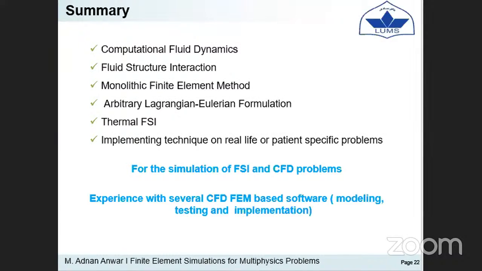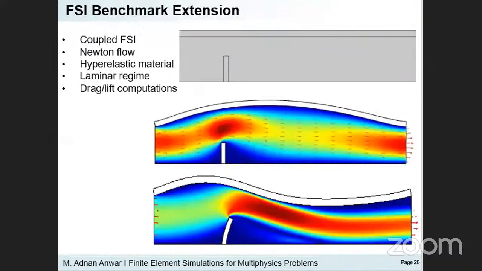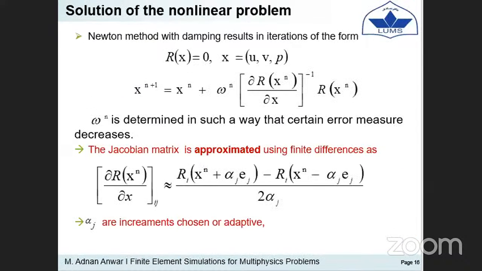Okay. So I am wondering how you choose the damping parameter in your iteration. You just use a damping factor, or what do you call it? Yeah, that omega there. So how do you choose that damping factor?